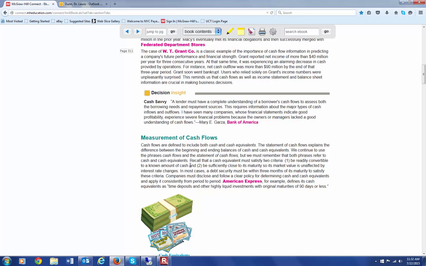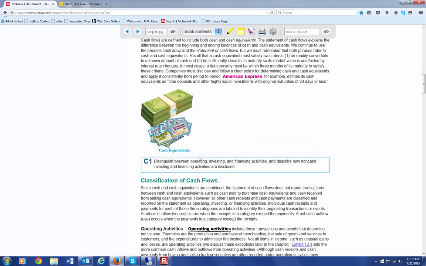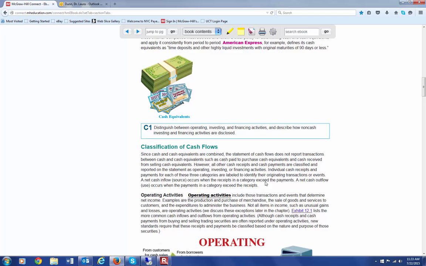So this would be things like stocks and bonds. You don't call those cash equivalents if they are locked up and you're not able to have access to them and their maturity date is not 90 days or less. So it's a cash equivalent, generally speaking, if the maturity date on those securities is 90 days or less. That's the key when you're talking about a cash equivalent.